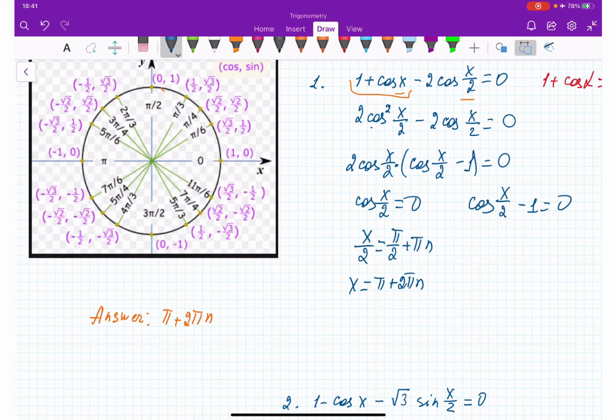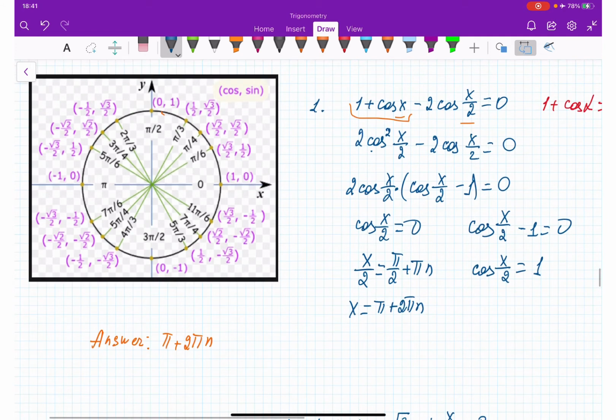Cosine x over 2 minus 1 is equal to 0. From here, cosine half of x is equal to 1. So which angle has cosine equal to 1? It's going to be 0 degrees, right? 0 degrees, and then plus 360, or 2 pi.